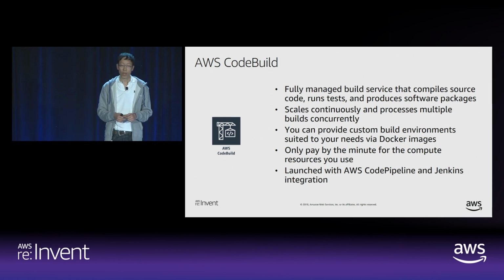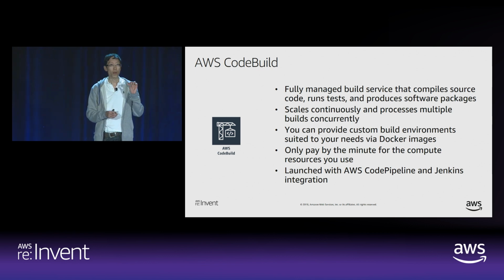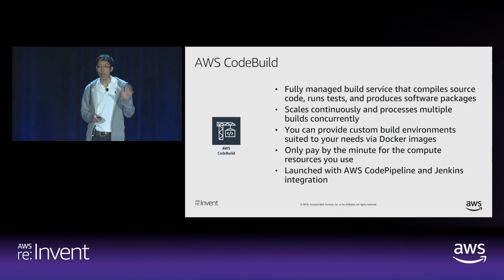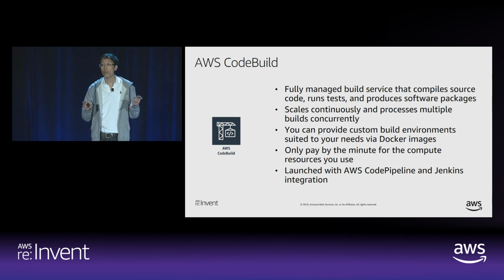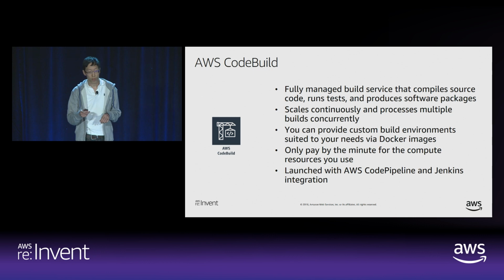You can customize the build environment using a Docker image, and you pay only for the compute build time that you use, right? It also integrates with CodePipeline and with Jenkins, if someone uses Jenkins. So you can integrate CodeBuild into Jenkins also. These are the fundamental CICD tools on AWS that I use.